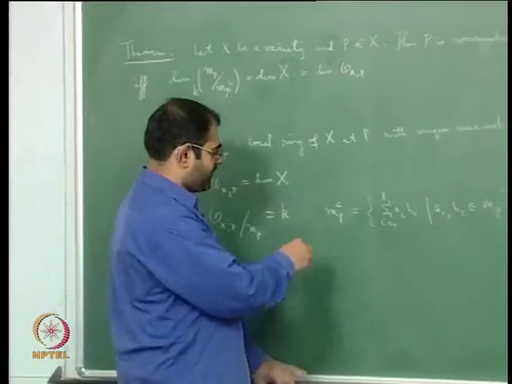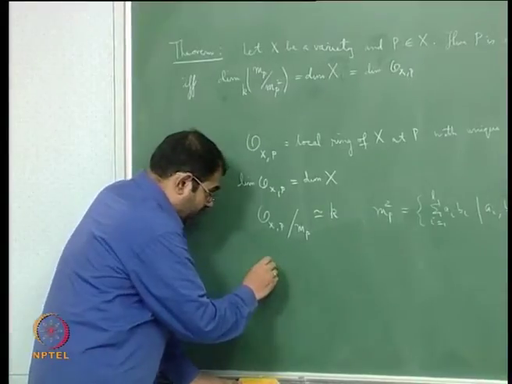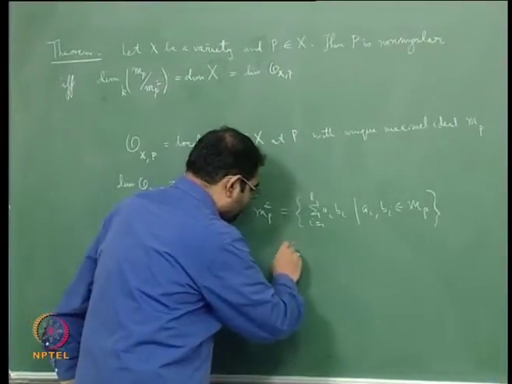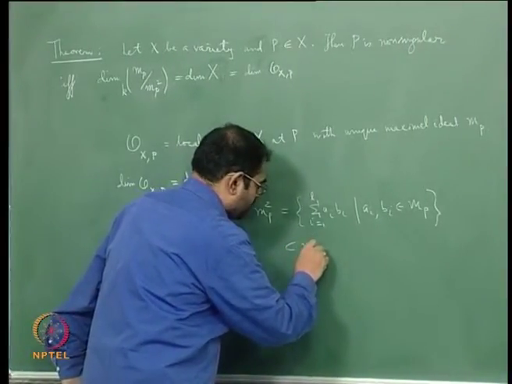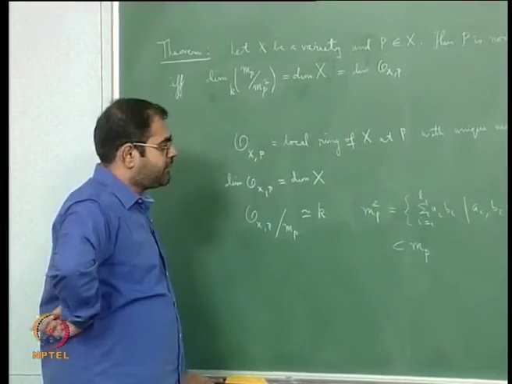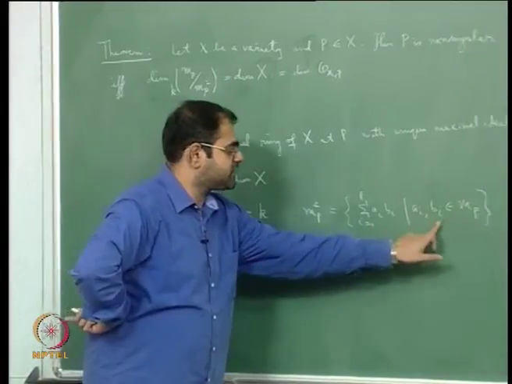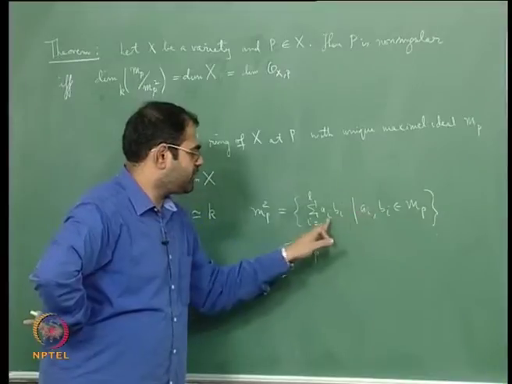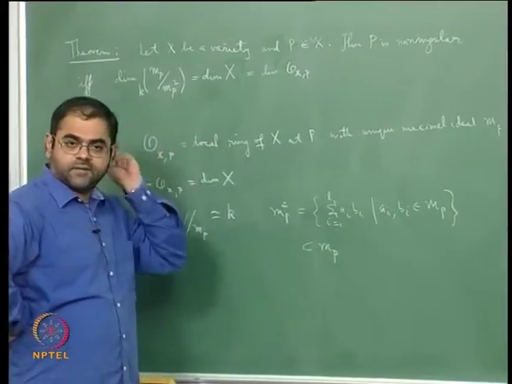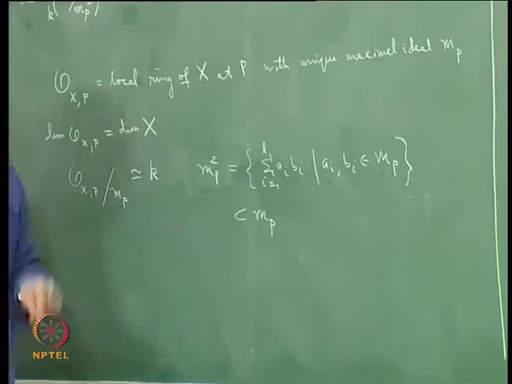And of course this is contained in MP, okay, this is certainly contained in MP because if you take two elements of this ideal and multiply them out, the product is certainly in the ideal. Such finite sums are also here. So this is contained inside this.